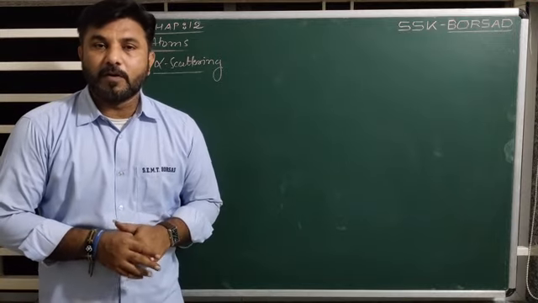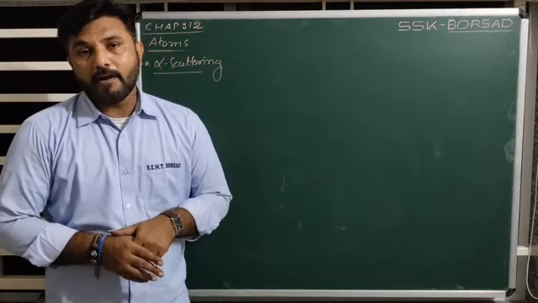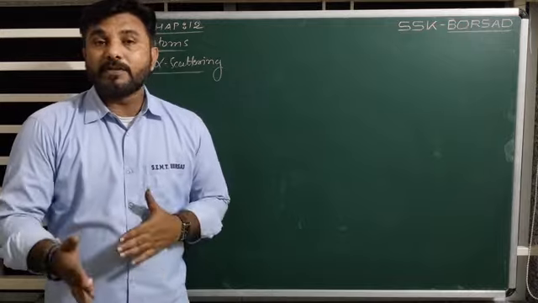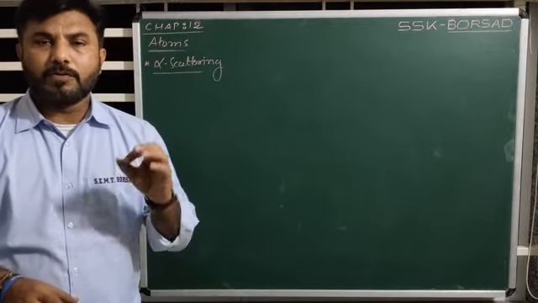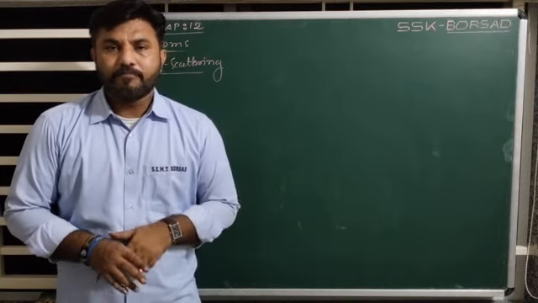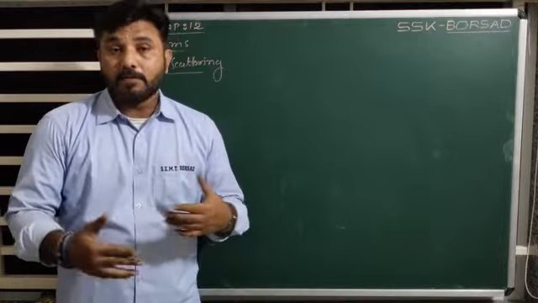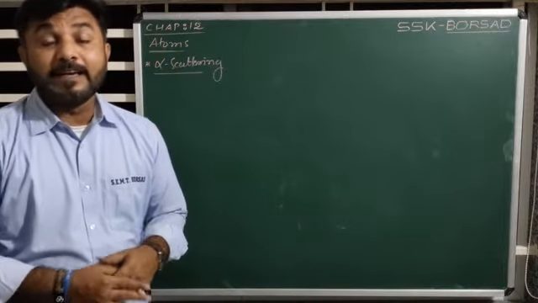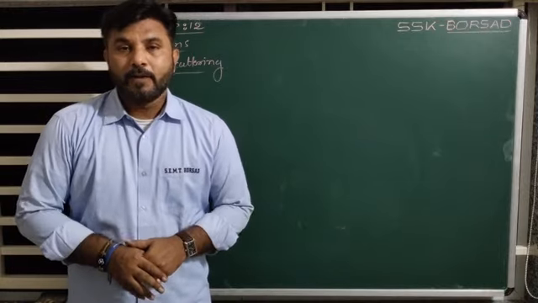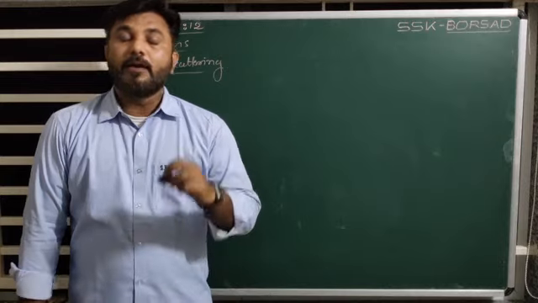That experiment was made by two scientists, Geiger and Marsden, under the observation of Rutherford. So Rutherford in 1911 told those two scientists, Geiger and Marsden, please perform some experiment which gives us the information about alpha scattering. Which was the experiment? What did they take? Let us see.